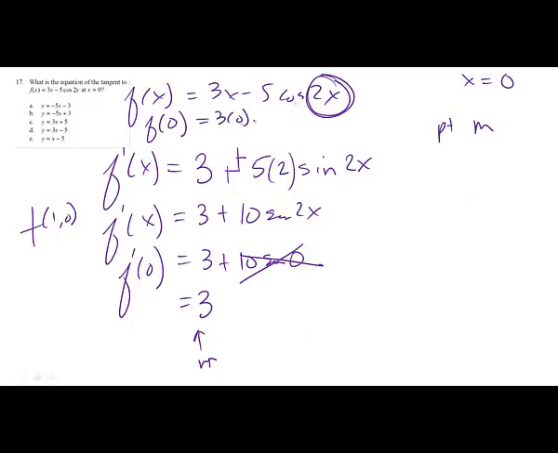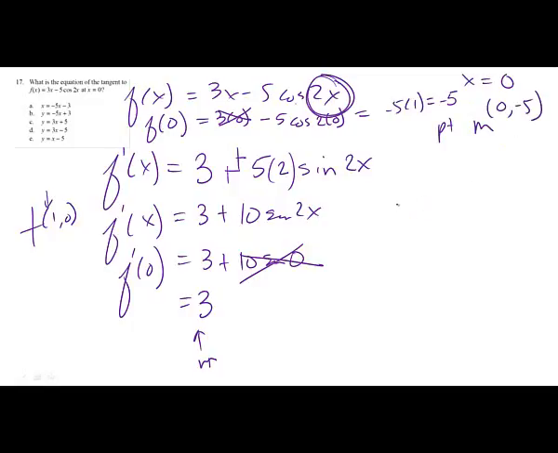So 3 times 0 minus 5 cosine of 2 times 0. Okay, so we know that that goes to 0. What's cosine of 0? 1. So I've got negative 5 times 1, which is just negative 5. So my point that I have is 0, negative 5.